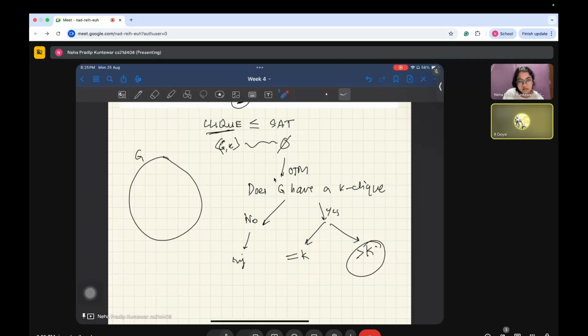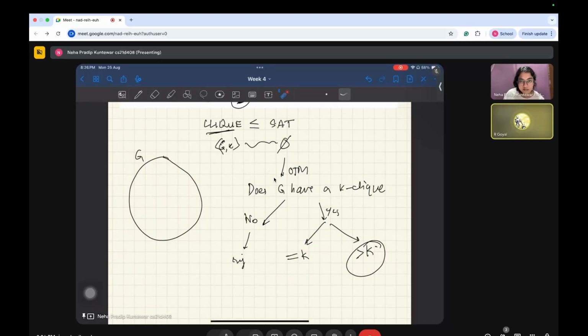If a vertex is a part of the clique, then the variable corresponding to that vertex should be part of that clause, so that the clause comes out to be true, probably in that way. So basically we would be asking the oracle.